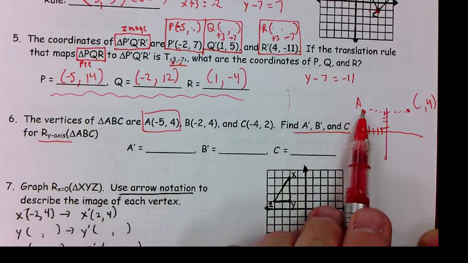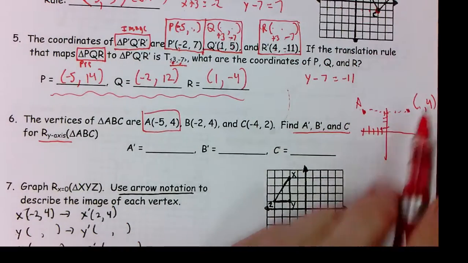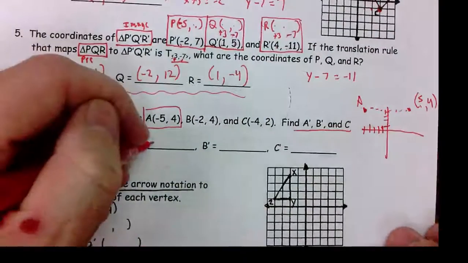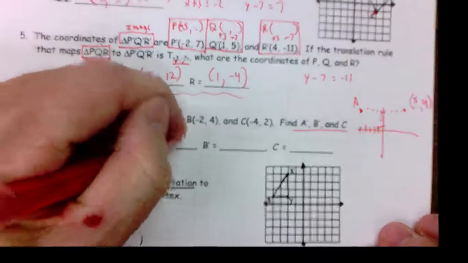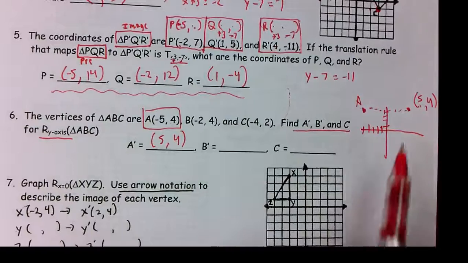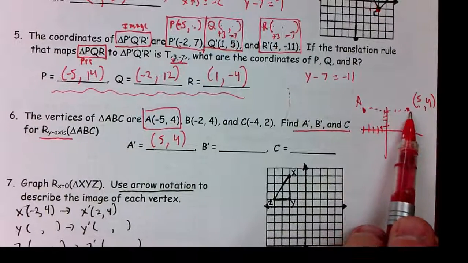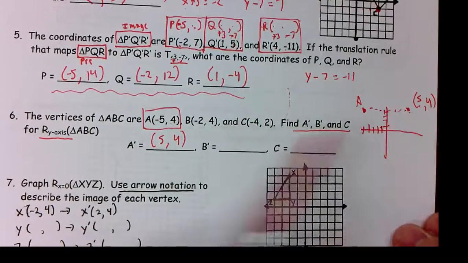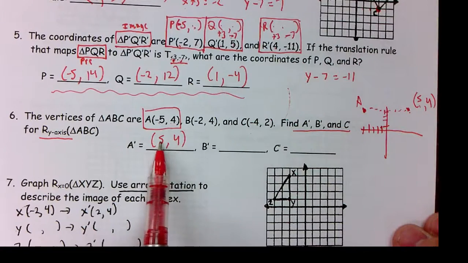So 5 spots to here, 5 spots to here would put me at 5, 4. This is going to be 5, 4. And in fact, when you go across the y-axis, the only thing that changes is the x value changes sign.